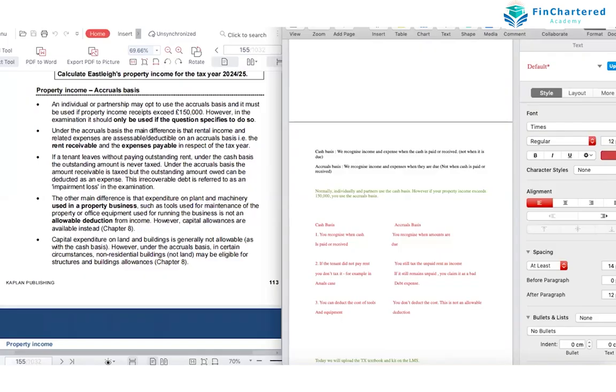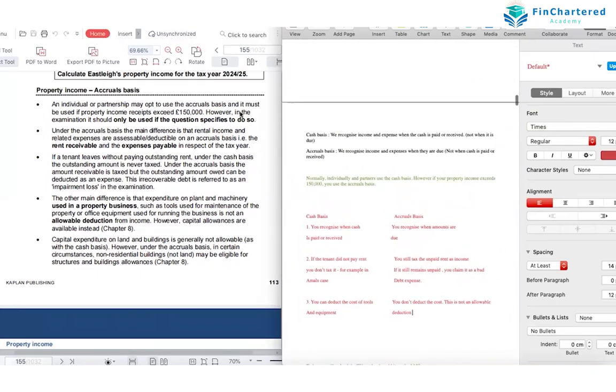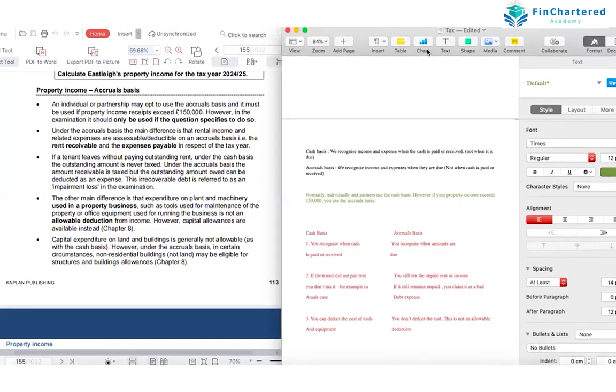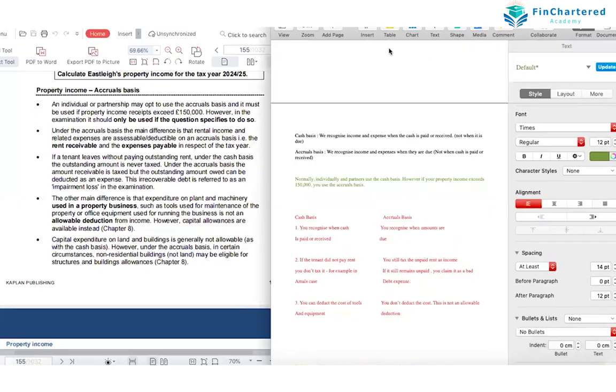Right? That's it. Right? So I hope the differences are clear between the cash basis and accruals basis. In your textbook, in your notebook, you can put this in a table. In Pages, I may not be able to. Pages is the tool that I'm using, and in Pages it's generally very difficult.